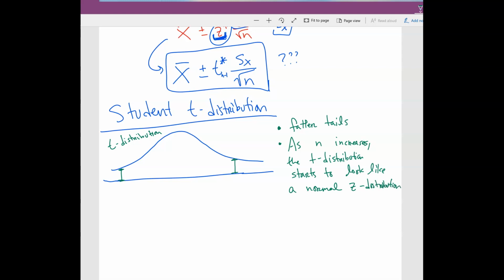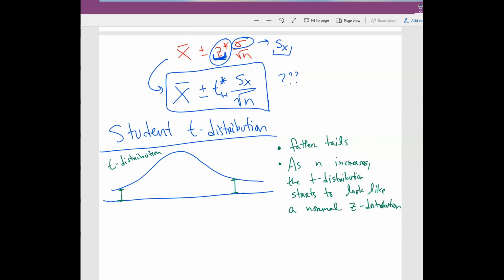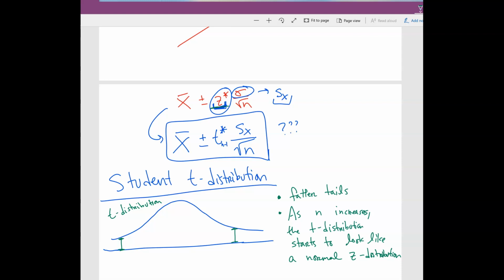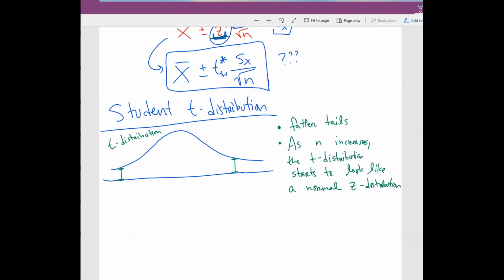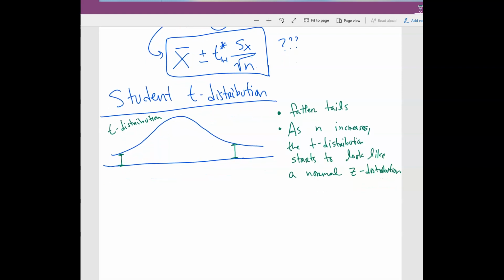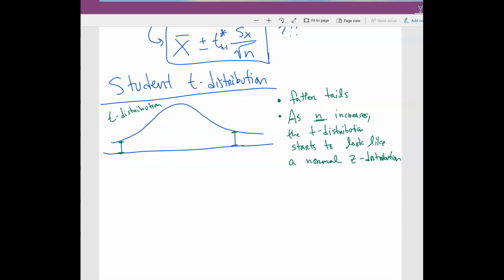So as n gets bigger and bigger, it starts becoming like the z value. You can think of this t distribution as a normal curve that ate a lot, and then as n increases, it starts getting thinner and thinner. I don't know. Another feature about it is that it has something called degrees of freedom.